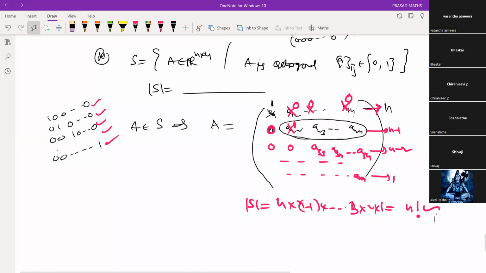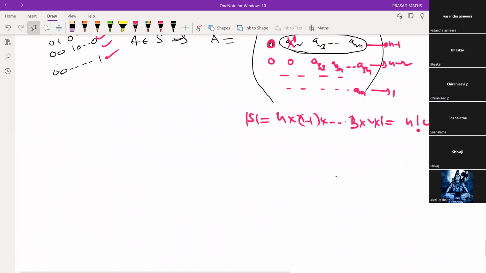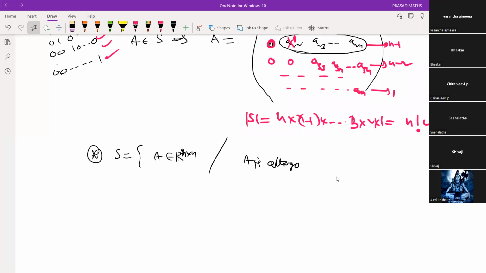Okay. Now, if I fix the elements as 0, 1, minus 1, suppose A is orthogonal. Now tell me what is the cardinality of this?